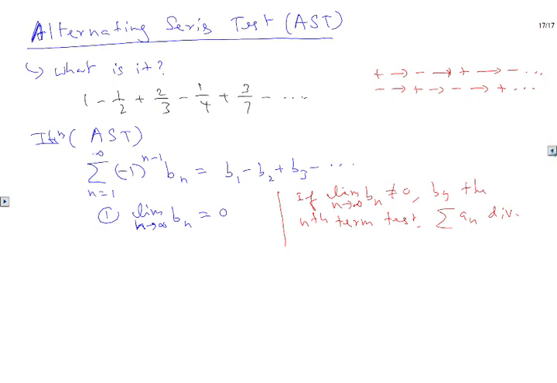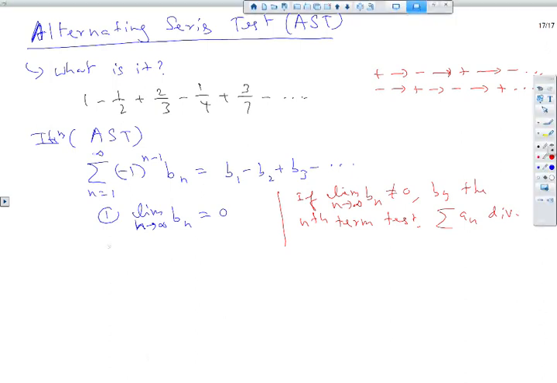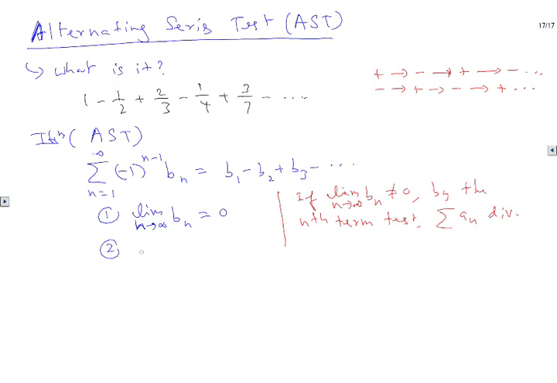So let's say the limit is 0. That means we go to the second condition: b_n is decreasing. Decreasing means b_(n+1) is smaller than b_n, eventually.